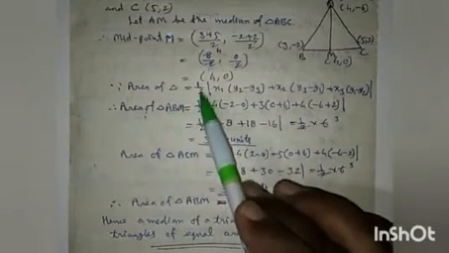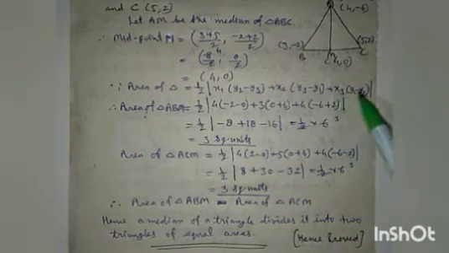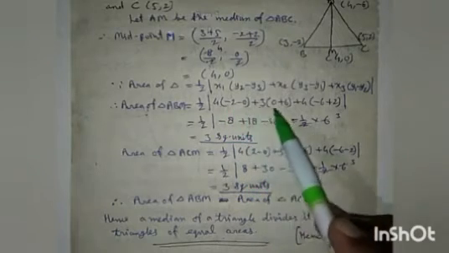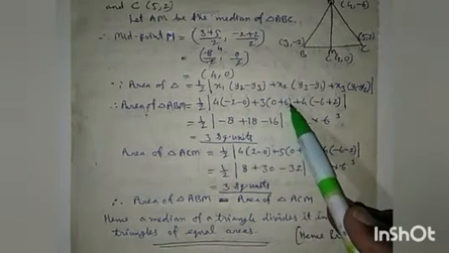Now using the formula for area of triangle, equal to half modulus of x1 into (y2 minus y3) plus x2 into (y3 minus y1) plus x3 into (y1 minus y2). So here the area of triangle ABM is equal to half modulus of 4 into minus 2 minus 0 plus 3 into 0 plus 6.